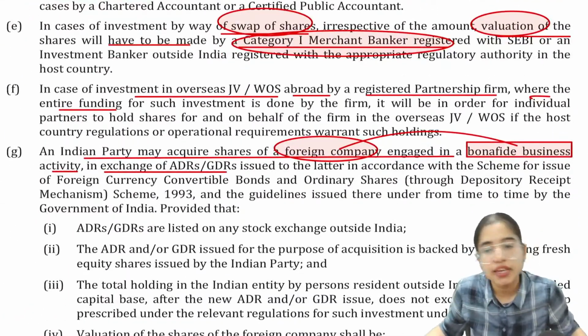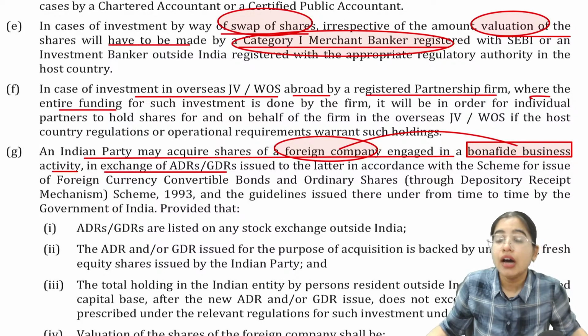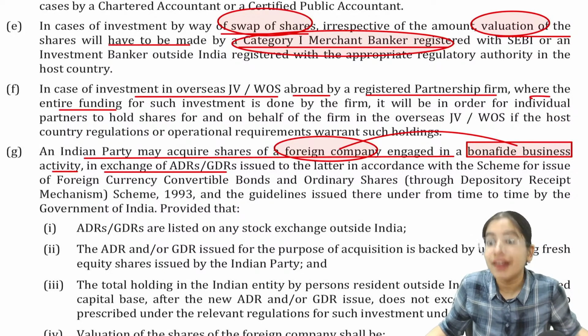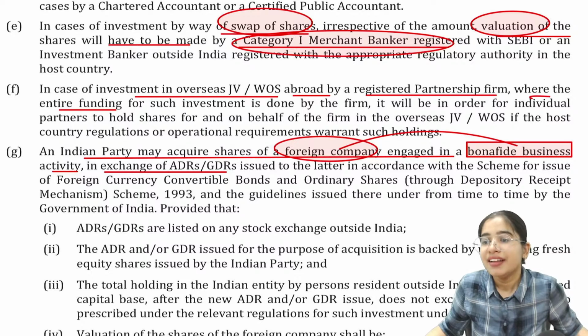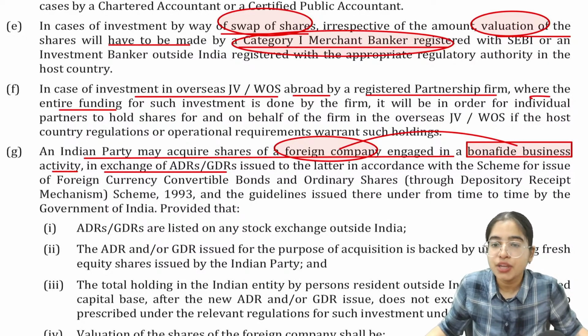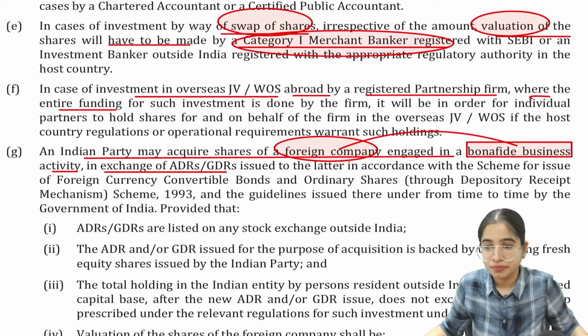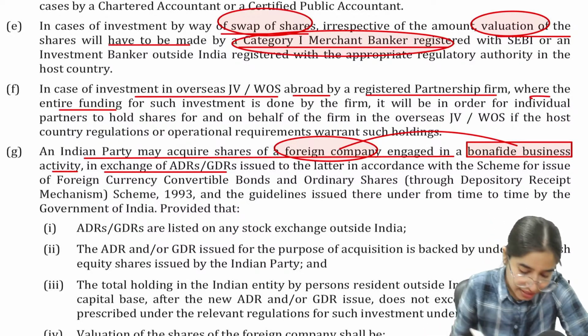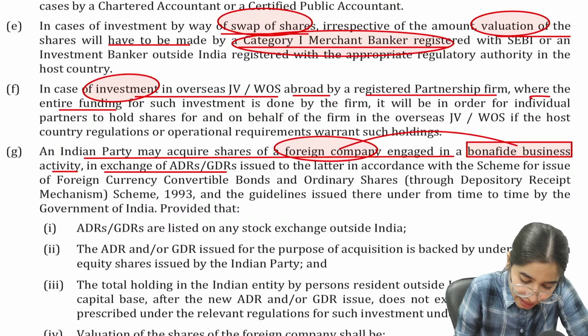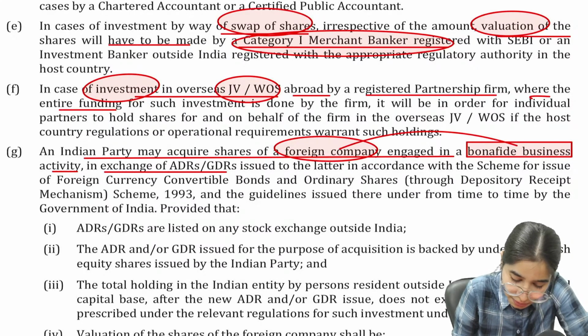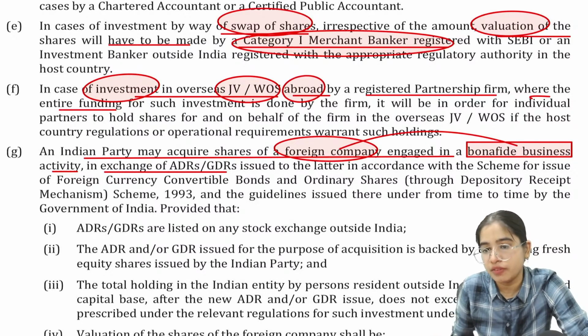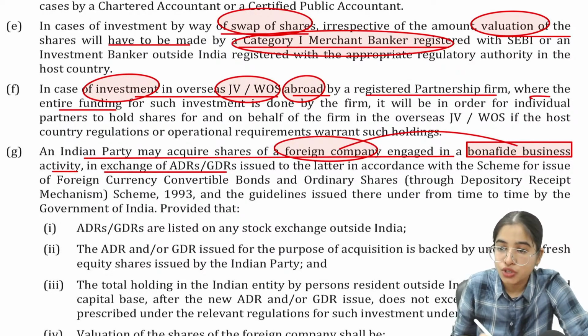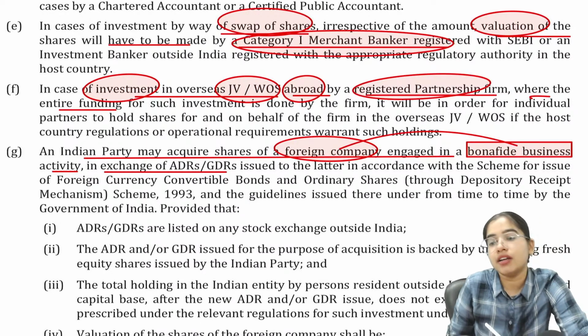Next is, if you are making investment outside India and you are a partnership firm, then you compulsorily have to take the RBI approval. So here one point is given that if the investment is made in a joint venture or wholly owned subsidiary abroad, means foreign joint venture or wholly owned subsidiary, by a registered partnership firm.